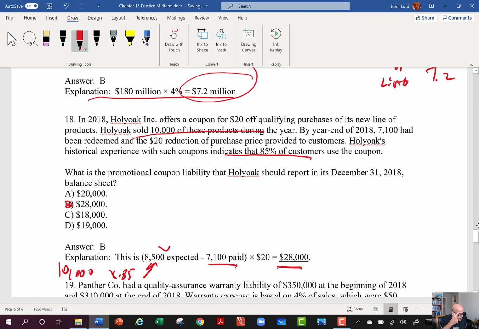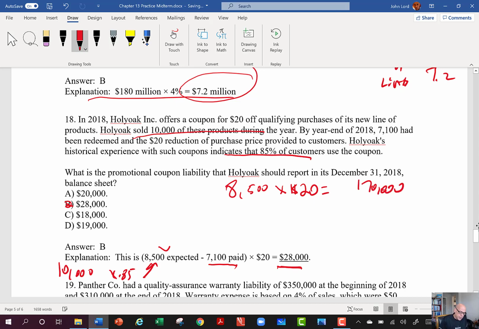And then let's take a look at this. If you think you're going to have 8,500 of these things getting redeemed, and that's going to add up to a cost of $20 each in discounts you're going to have to give on future sales, right? So 8,500 times 20, that's $170,000.